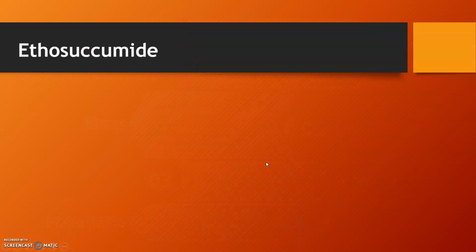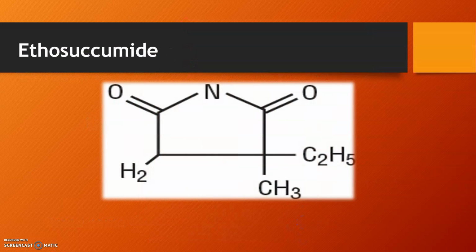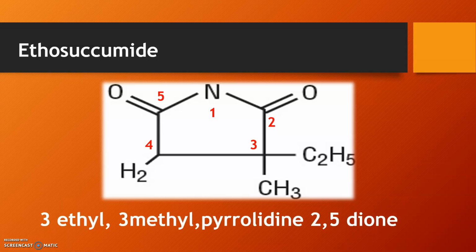Now the next drug is ethosuximide, and here is the structure of ethosuximide. According to the IUPAC name, you number the structure first and then identify the substituents, and accordingly write down the chemical name. At position 3, there is the presence of ethyl and methyl.